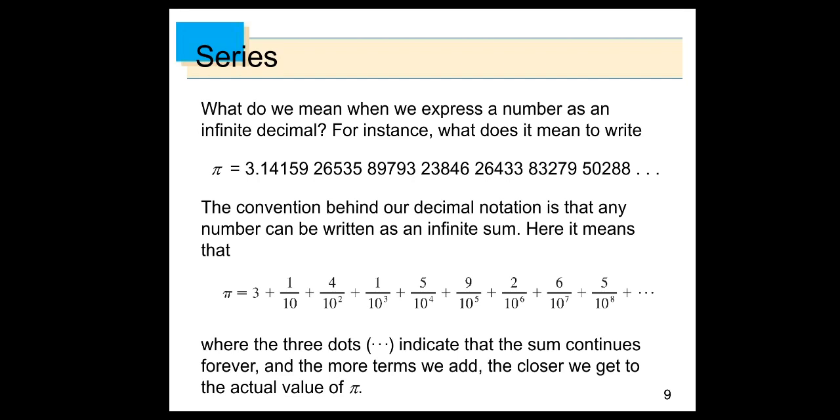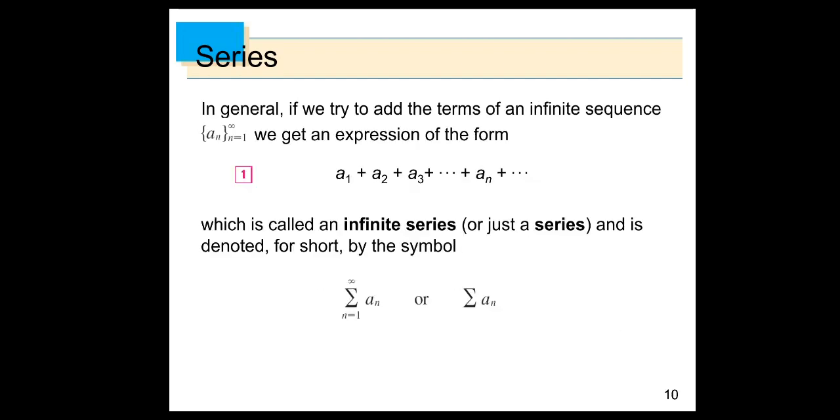Here it means that pi is equal to 3 plus 1 by 10 plus 4 by 10 square plus 1 by 10 cube plus 5 by 10 raised to power 4. So it goes on and on and on, right? And when it comes to the 3 dots, that indicates the sum continues forever, and the more terms we add, the closer we get to the actual value of pi. So in order to get the actual value, we have to just continue adding more terms, right?